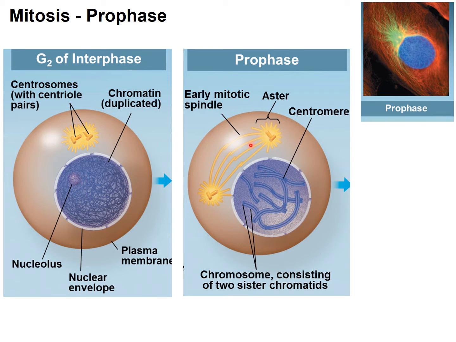So again, they're going to extend all the way from each of the ends once the asters and the centrosomes, right, with their centrioles are on complete opposite ends of the cell. Also during prophase, the chromosomes are starting to condense. So you can see them much more condensed in this image here, and you can see the centrosomes starting to separate.